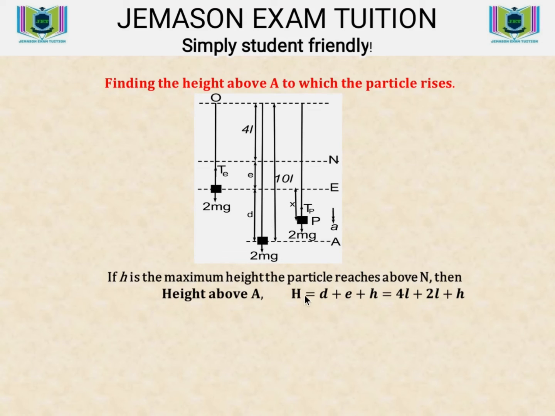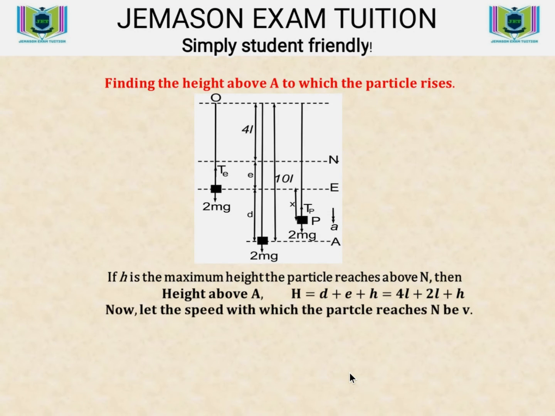So H equals d plus e plus h, and we already know d and e, all of them in terms of L, where d is 4L plus 2L, the equilibrium extension, and so we need to determine h also in terms of L.